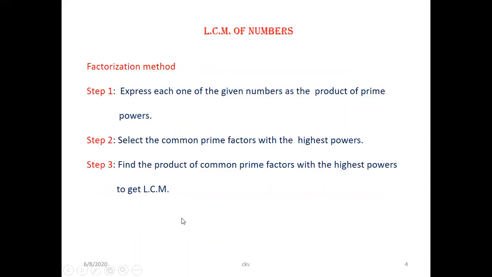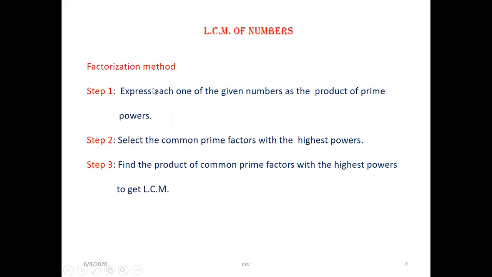Now, the first method is the factorization method. You have seen already how to find out GCD of two numbers using factorization method. Here also you have to express each of the given numbers as a product of prime powers, and then select the common prime factors.